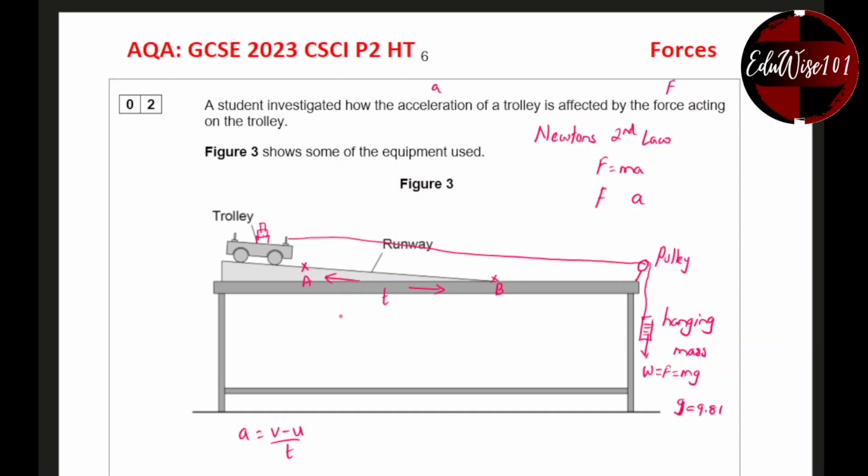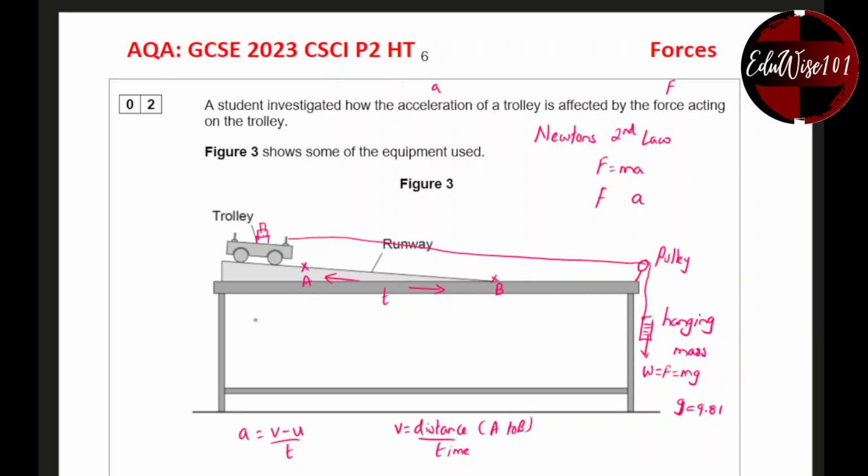And you can work out the speed, which is the distance again between A to B, divided by the time. You could use a stopwatch to measure the time.